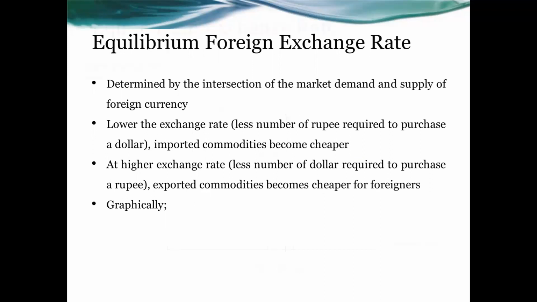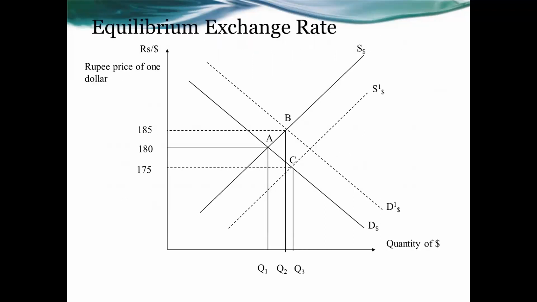Now you can see this graphically. This is the demand for a foreign currency, the initial demand. And this is the initial supply of foreign currency. By equalizing demand and supply, you get the exchange rate at point A. These are hypothetical figures.